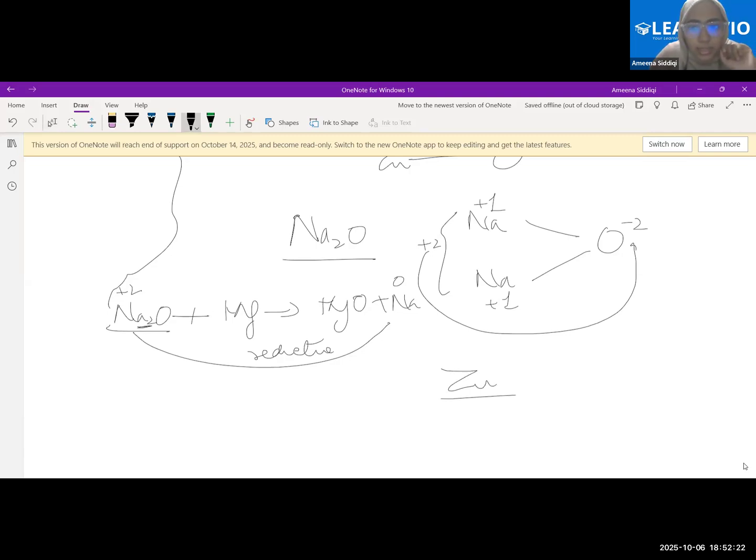Because zinc is only one in number. It was zinc oxide. There's just one zinc atom here, bonded to one oxygen atom. So do we have to use the valency of them? Yes, in simple words, you can say the valency of them. Fine. That's it.